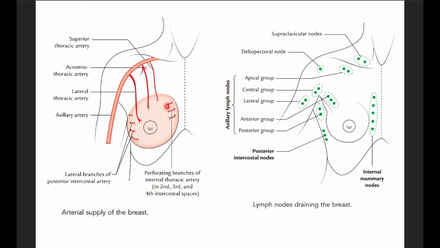As you can see, the internal thoracic artery, through its perforating branches, pierces the second, third and fourth intercostal spaces.